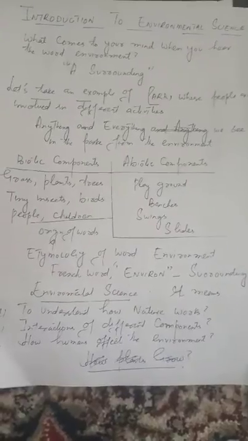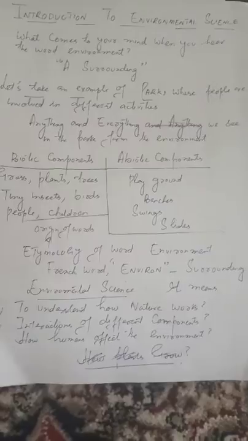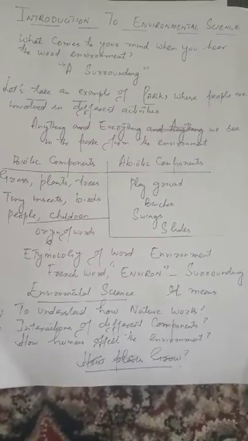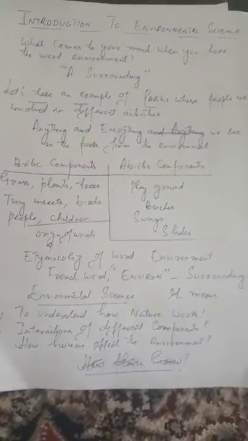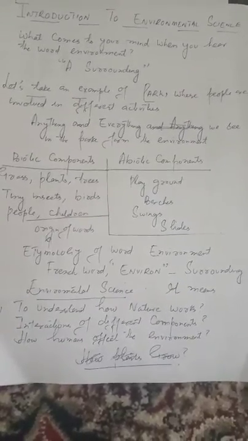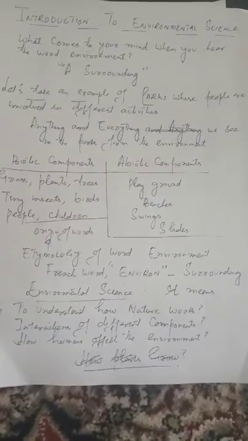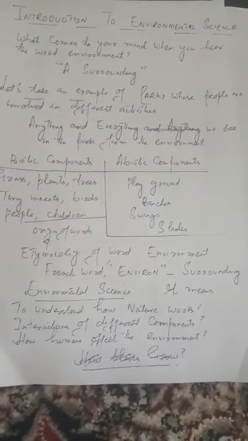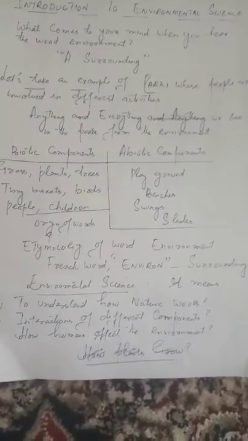If we try to know the etymology of the word environment, then we know that it has been derived from a French word, environ, which means surrounding, encircle. Literally it means surround or surrounding.